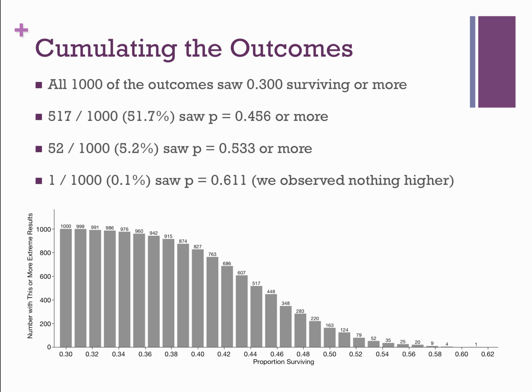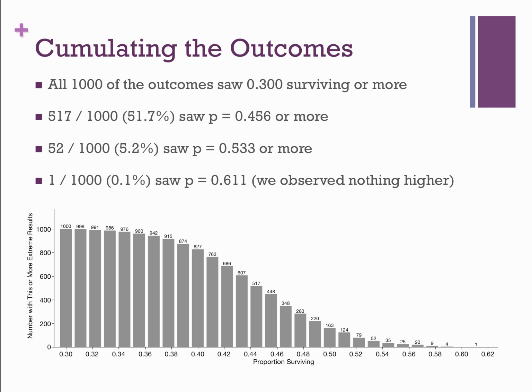If we look at our cumulative outcomes here, so this is a slightly different way to look at the data, the x-axis is still the same, but the y-axis now shows us the number of experiments that had that result or more extreme. So you can see all the way on the left, our lowest proportion surviving, all of the outcomes were 0.3 or higher, so the bar is at 1,000.